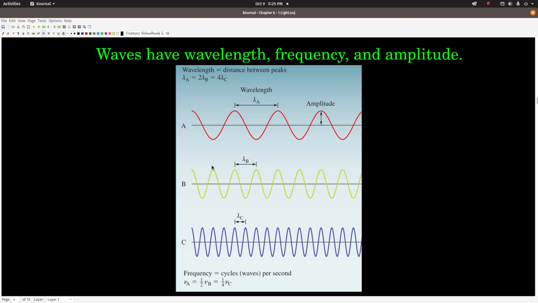So we have three waves here, A, B, and C. A has a longer wavelength than B, which is longer than C. And the frequency is how many of these wavelengths in a certain area. And so we can see that the longer the wavelength, the lower the frequency, and the shorter the wavelength, the higher the frequency. It's an inverse relationship, which we'll see in just a minute.